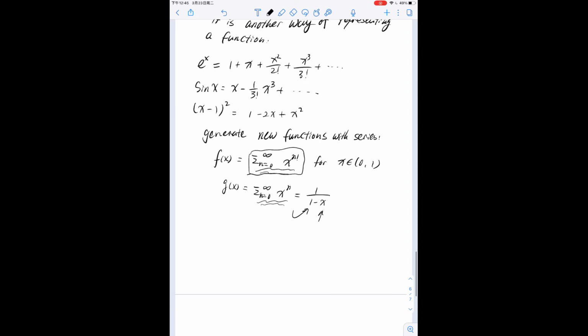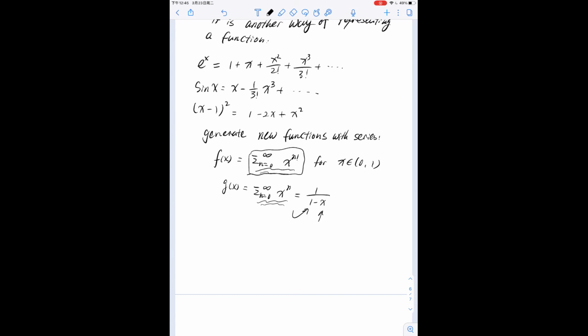So that means series are powerful tools for us to solve equations, because the solution to some equation may be very complicated if you want to represent it in elementary functions. For example, x to the power of x, x cosine x squared, these kinds of things.